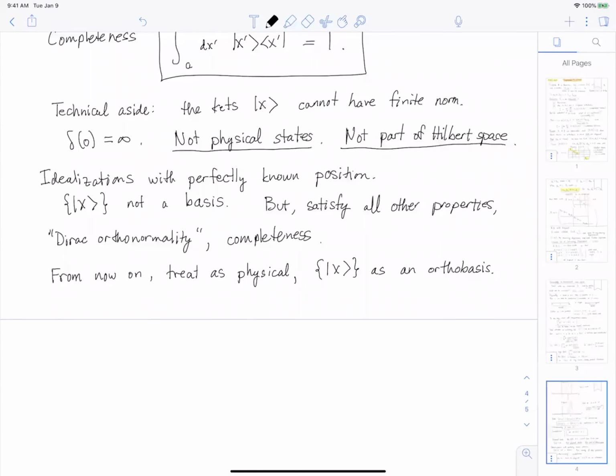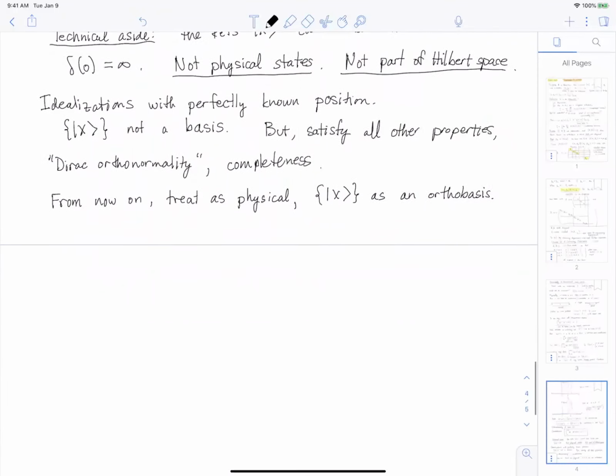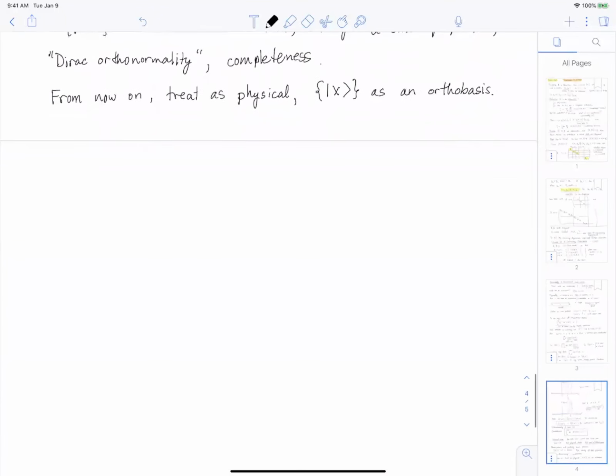Okay? So if things like that bother you, if you're very mathematically minded, I guess that's too bad. That's just the way we deal with it.